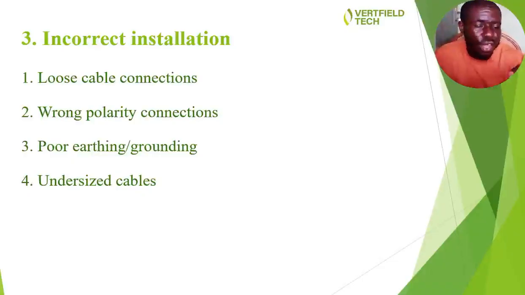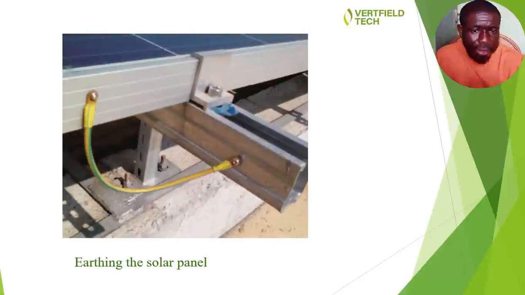You need to enroll for that class and get that knowledge. Now, this is one of the ways you can ground your solar panels. We also have the other ways when you enroll for our classes or buy our practical manual.